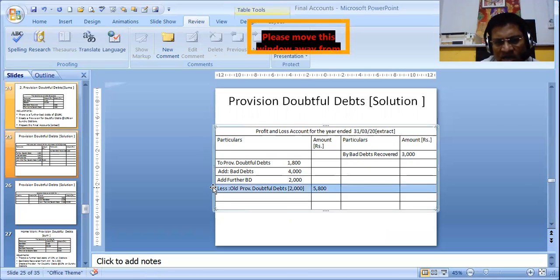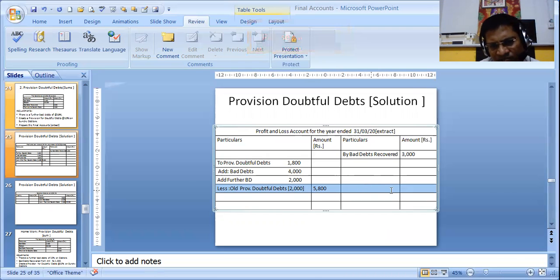That gives 5,800. Why do I emphasize the debit side? Because we could represent this in another way also. We will write old provision 2,000, less bad debts, less further bad debts, less provision for doubtful debts. Then also we will get one figure over here.